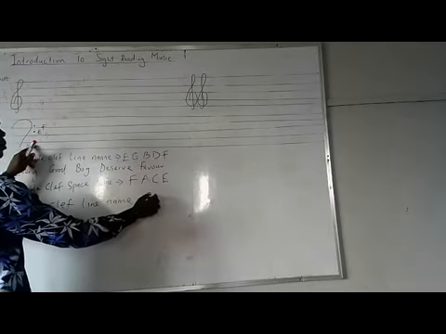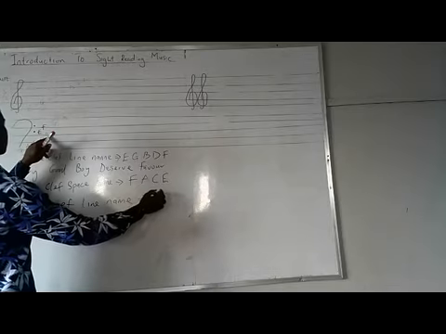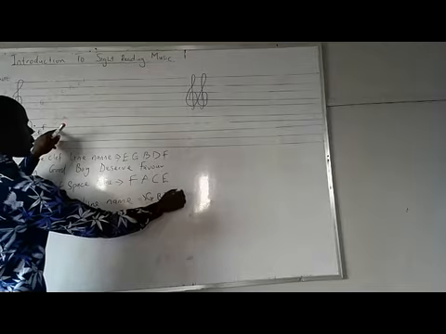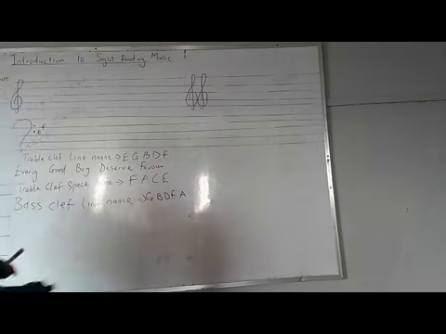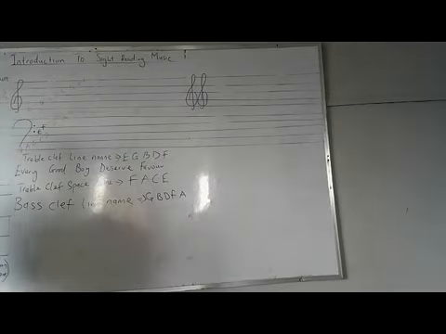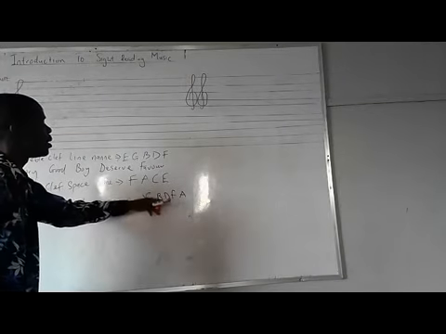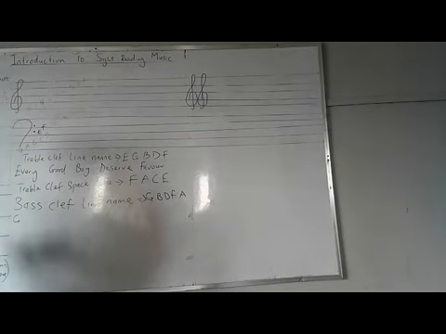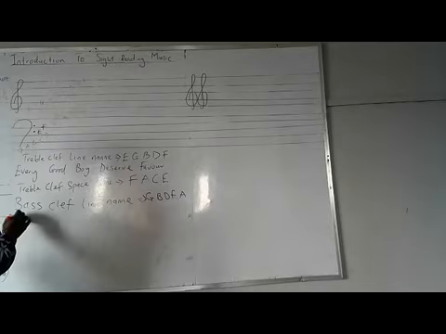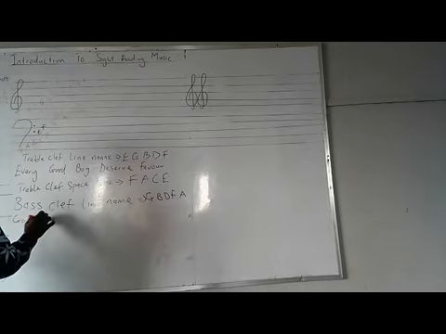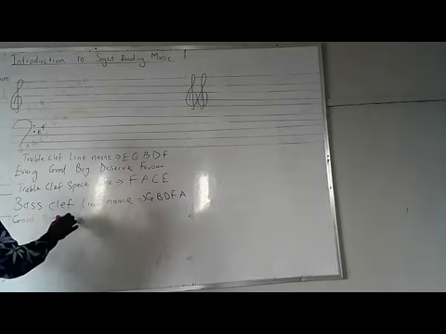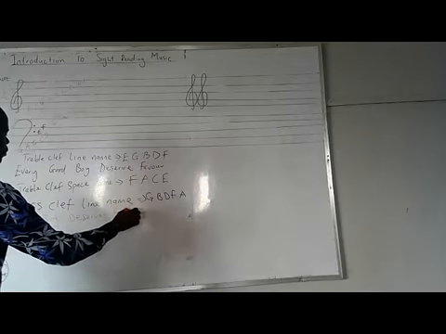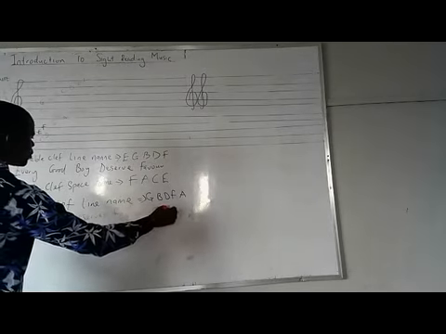G, B, D, F, A. The acronym you can use to remember G, B, D, F, A is this: good boy deserves favor always.